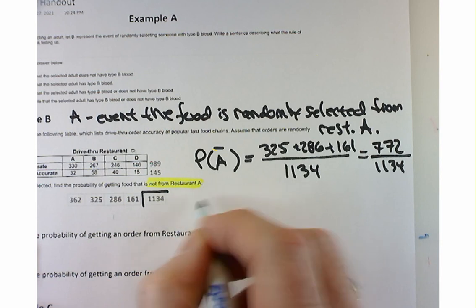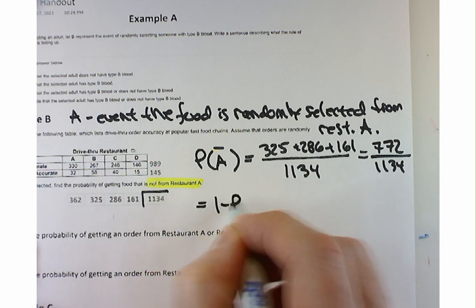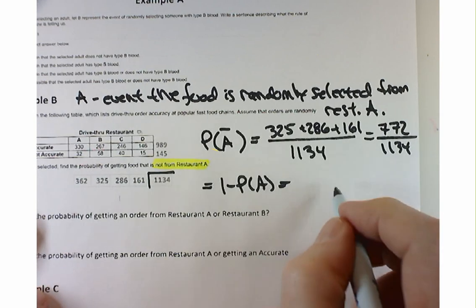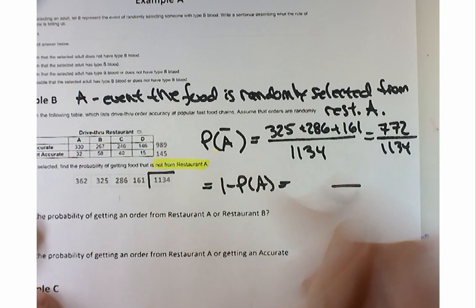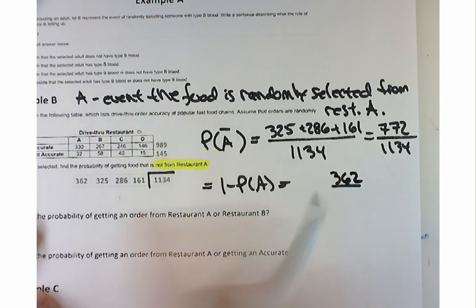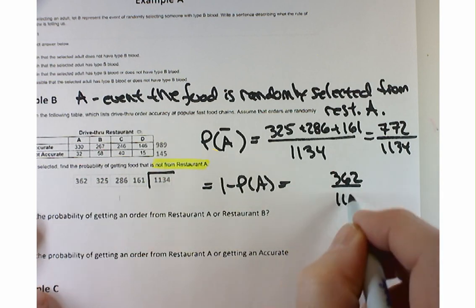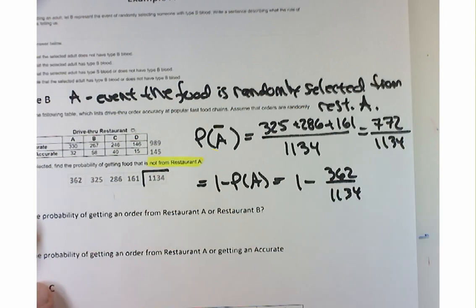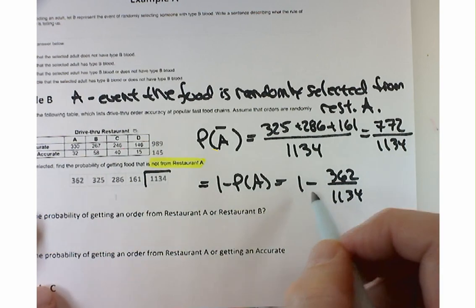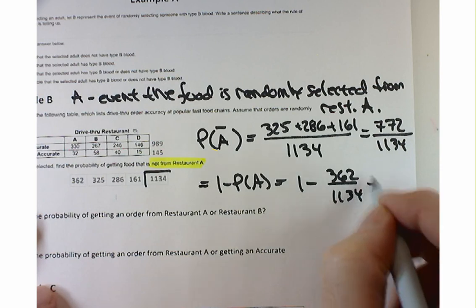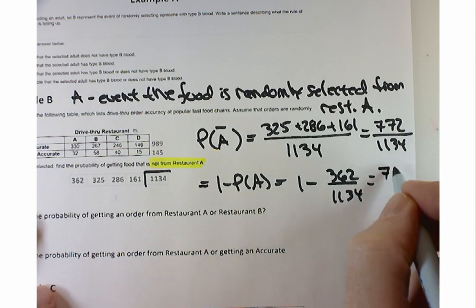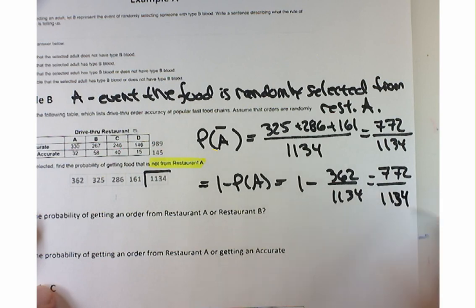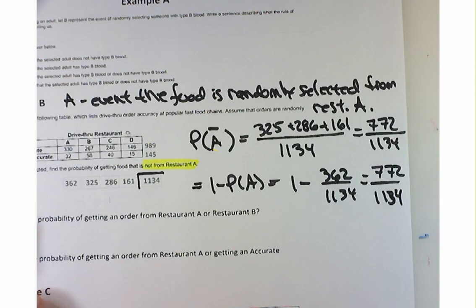The other possibility is I could do that as 1 minus the probability of A. The probability of A is 362 over 1134, and I'm going to subtract that from 1. And when you do, yeah, you have to get common denominators and such. That's fine. You'll end up with 772 over 1134. You're going to get the same thing.